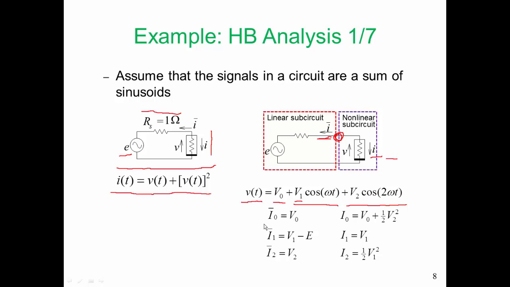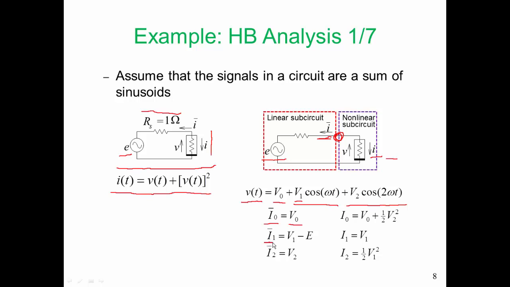As far as the linear circuit goes, there is a source which is at the fundamental, omega. As far as the DC current goes, it only depends on V0 because that voltage source, E, looks like a short circuit at DC.